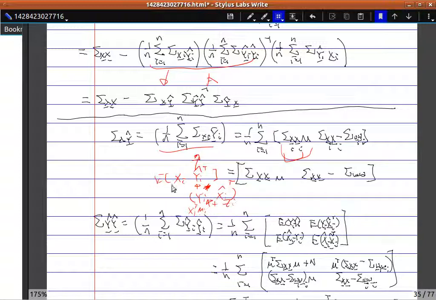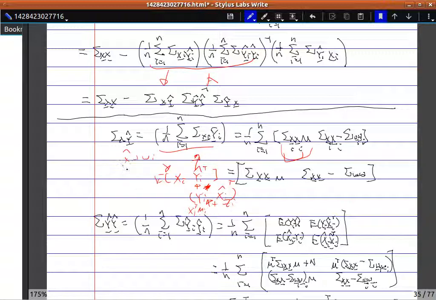And for the expectation of xi and xi hat here, let's see, xi is xi hat plus wi, right?